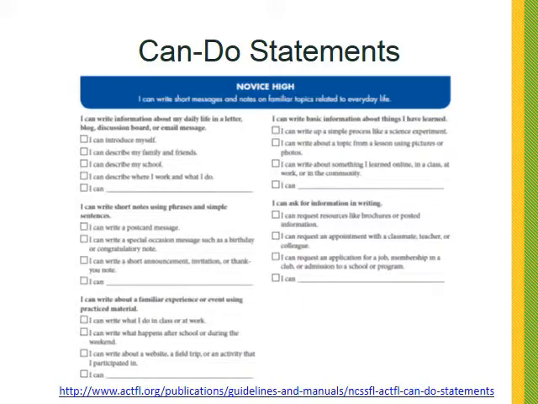In case you are unfamiliar with the NCSSFL-ACTFL can-do statements, here is an example of the various functions of language that would be expected out of a student of novice high proficiency in presentational writing. As you see, there are various statements in bold.